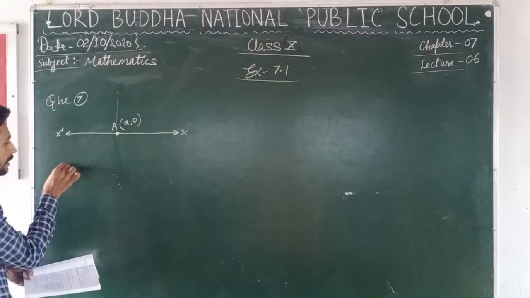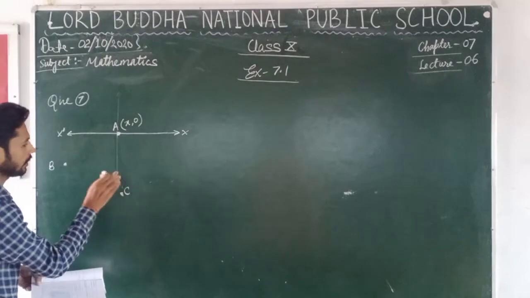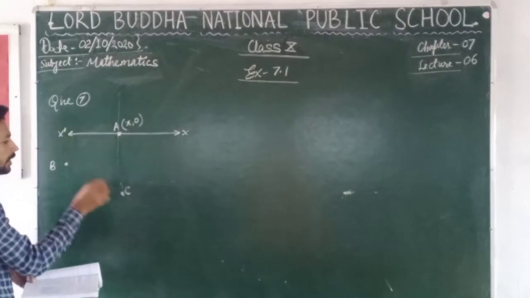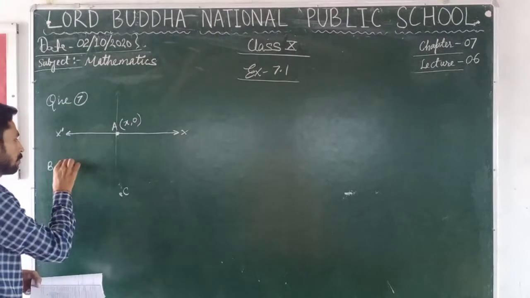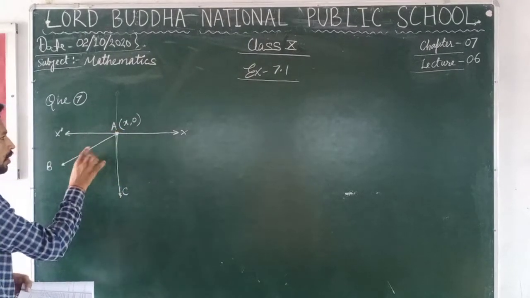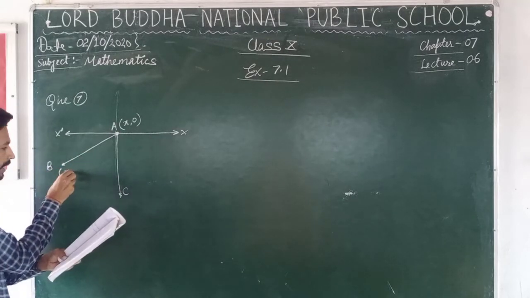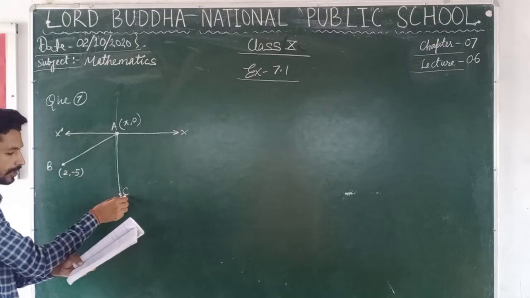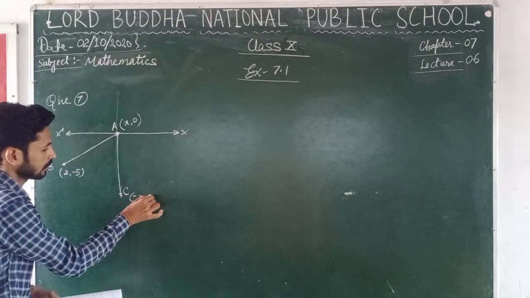Suppose the next point is B and the other point is C, and from this point and also from this point there are equal distances. So the distance AB and AC are both equal, and the coordinate of B is (2, -5) and C is (-2, 9).